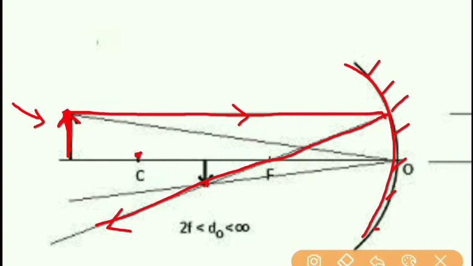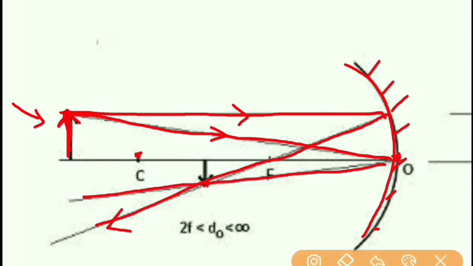Now which is the second ray considered? The second ray is considered towards the point O. Here this point O is nothing but the pole of the mirror. So this is the incident ray. After reflection it will pass through here and intersect at this point. So you can see both these reflected rays intersect at this point after reflection, and so the image is formed at this point.